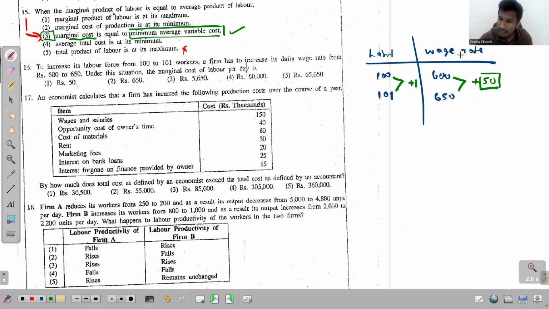This is the wage rate, which means that is the average wage. This is not the total cost, the total wage.